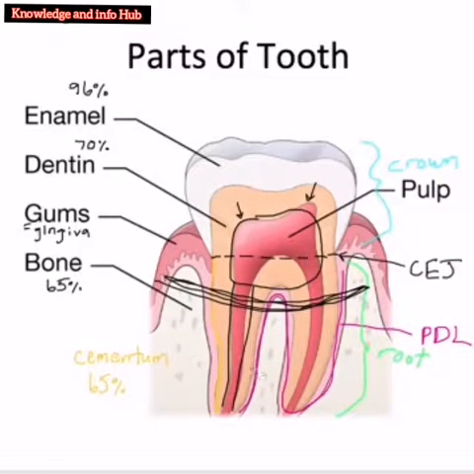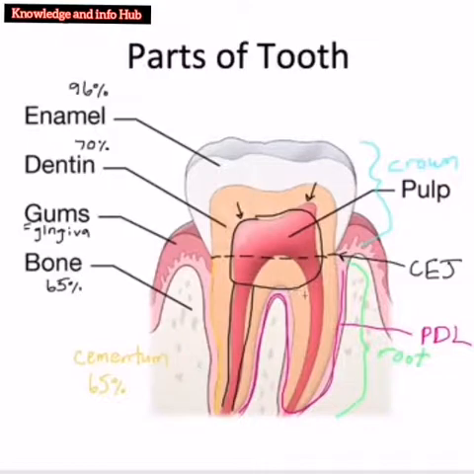So it's a little bit confusing, but that's just a way to define structures in terms of anatomics, because the CEJ will stay constant. What you see clinically, anything that sticks above the gums, would be called the clinical crown, and anything that anchors the tooth in the jaw that you don't see, covered by bone and gums, would be the clinical root.